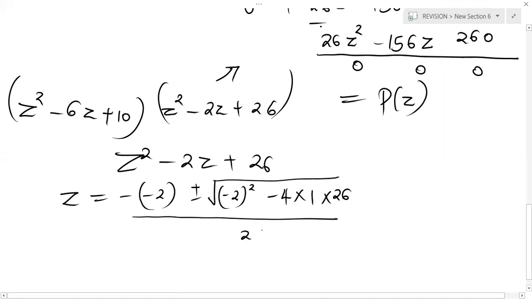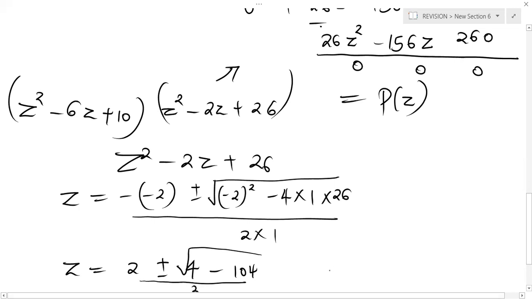So z will be equal to 2 plus or minus the square root of 4 minus 104, since 26 times 4 is 104, all this divided by 2. So this simply gives 2 plus or minus the square root of minus 100, all this divided by 2.